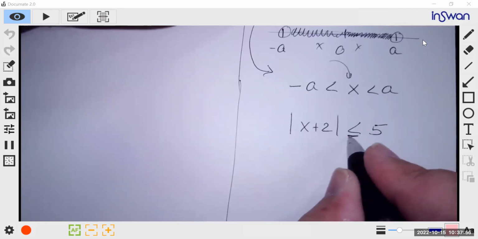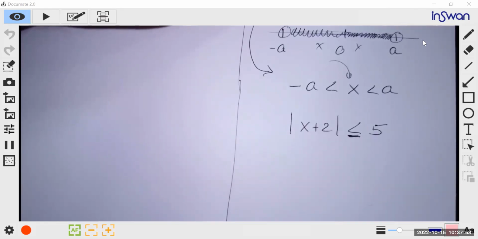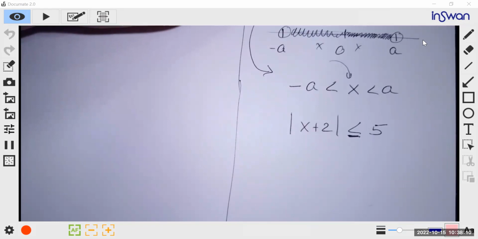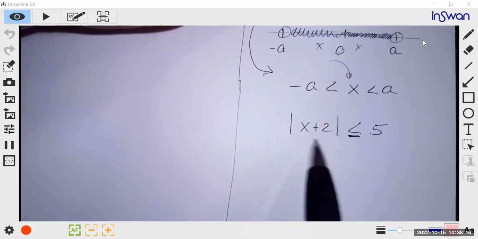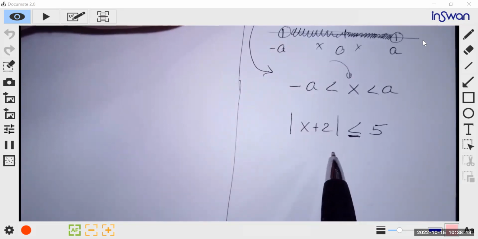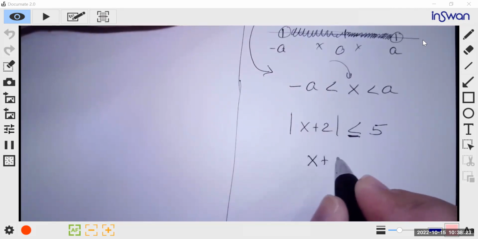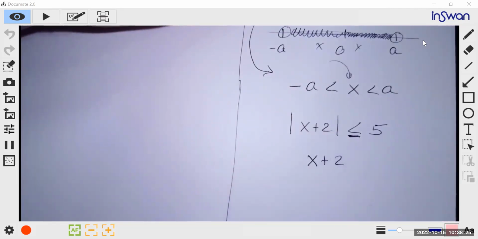Let's just go through this one. The absolute value of x plus 2 is less than or equal to 5. The absolute value is isolated, which means I can drop it now. If I drop it, what happens to this 5?